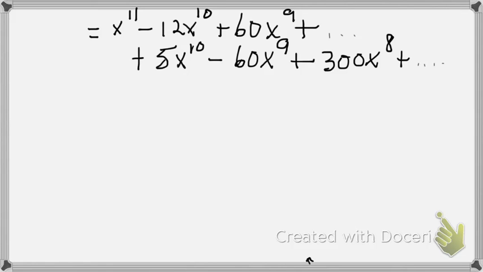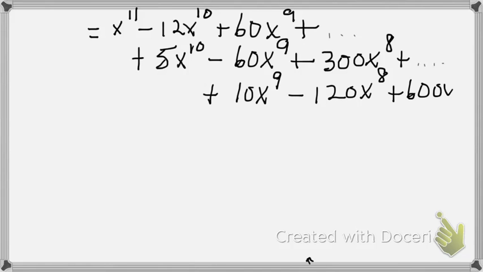And then the next term, 10x cubed times x to the power of 6, is going to give me 10x to the power of 9. Again I'm lining it up. 10x cubed times negative 12x to the power of 5 is negative 120x to the power of 8. 10x cubed times 60x to the power of 4 is 600x to the power of 7. And then we would continue, remembering we're only interested in the first three terms.